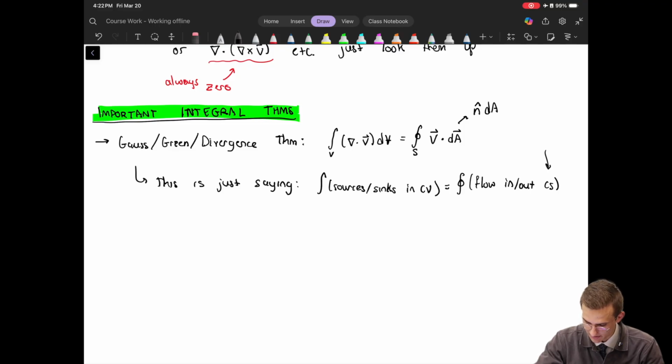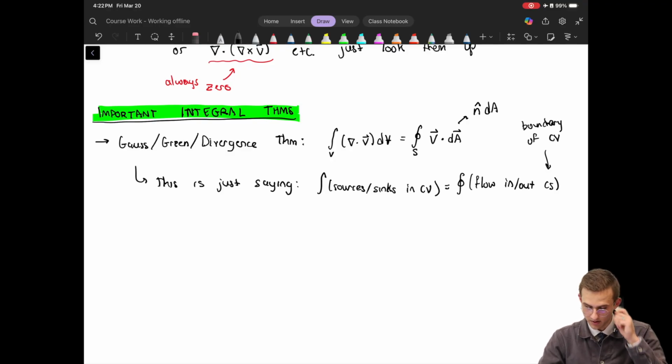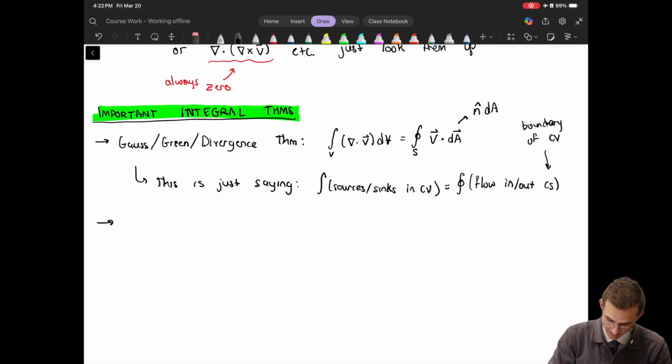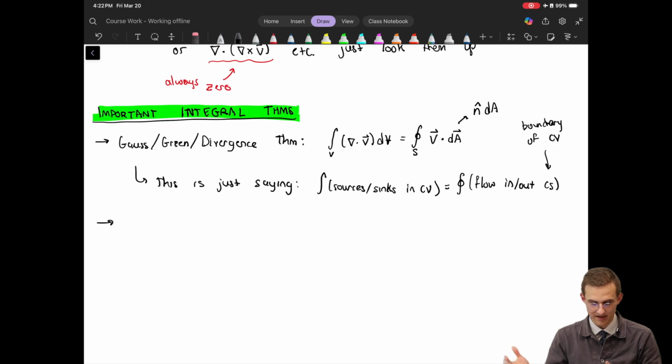So again, just to reiterate, that control surface is the boundary of the control volume. Okay, so that's the first important integral theorem. It's not very mystical. It really is just like you're adding up all the sources and then setting that equal to the amount that goes in and out. It's just like a conservation statement more than anything.